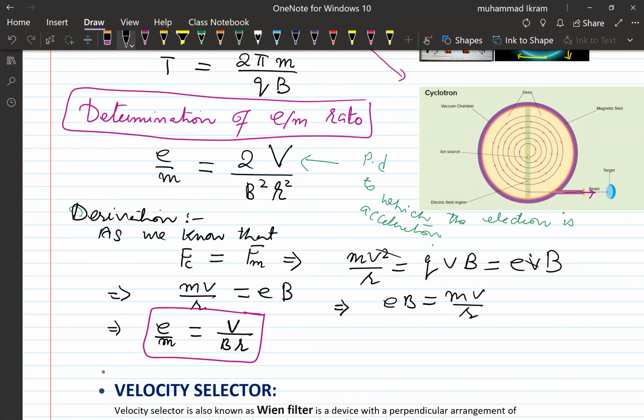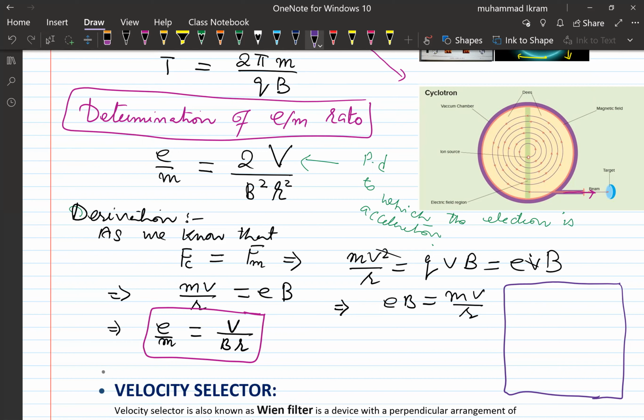Now I want to calculate this velocity. We can calculate this velocity from the energy equation, right?